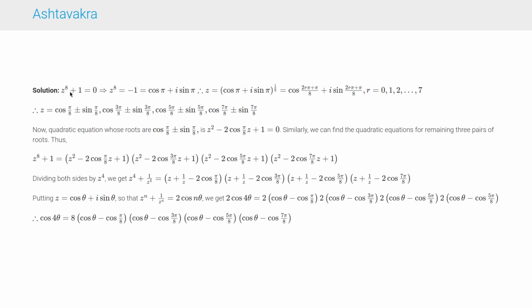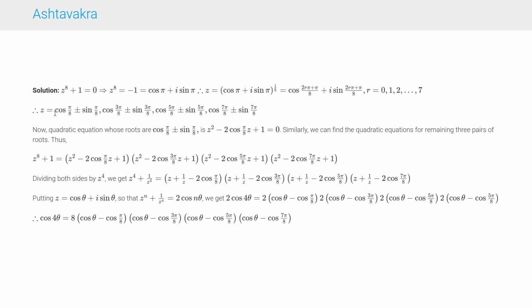So we are given that z to the power 8 plus 1 is equal to 0. So z to the power 8 is equal to minus 1, and minus 1 is nothing but cos pi plus i sin pi. So z becomes cos pi plus i sin pi to the power 1 by 8, which is equal to cos (2r pi plus pi) by 8 plus i sin (2r pi plus pi) by 8, where r varies from 0 to 7.